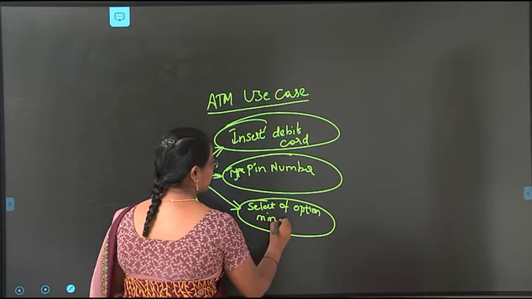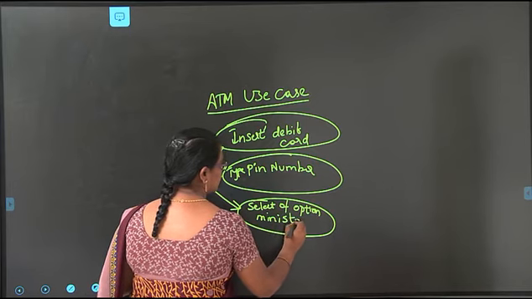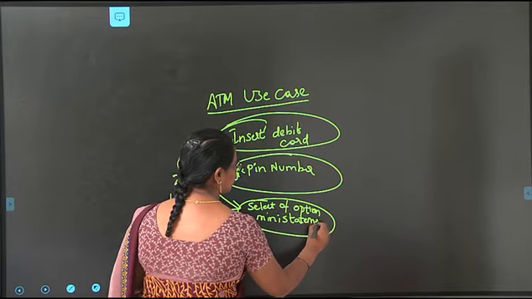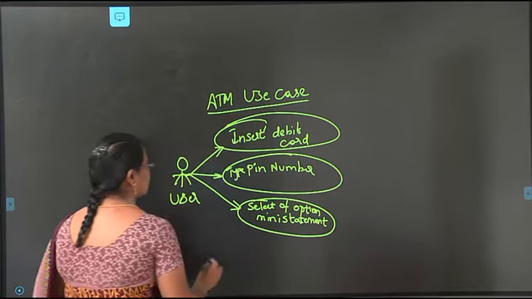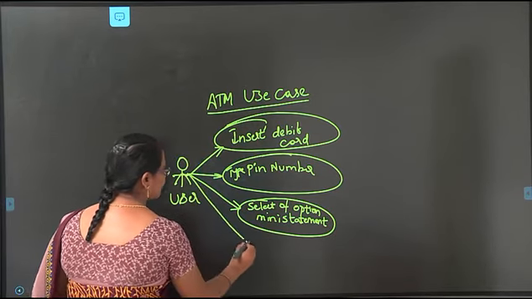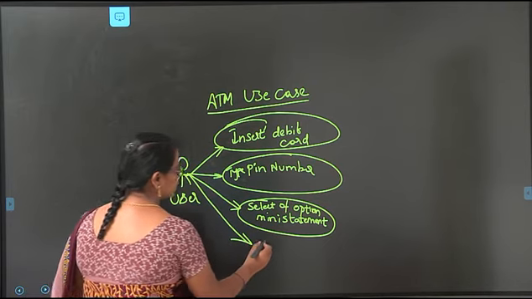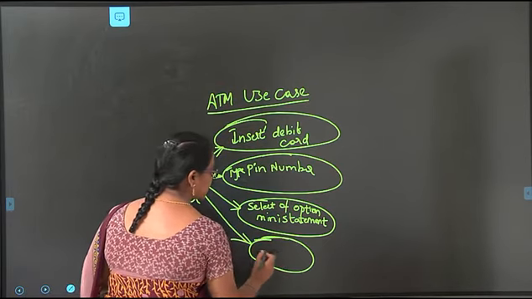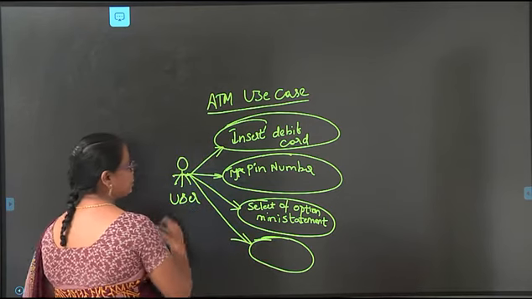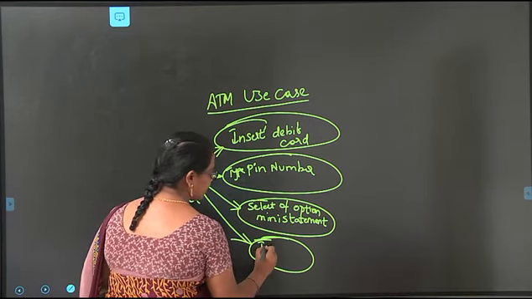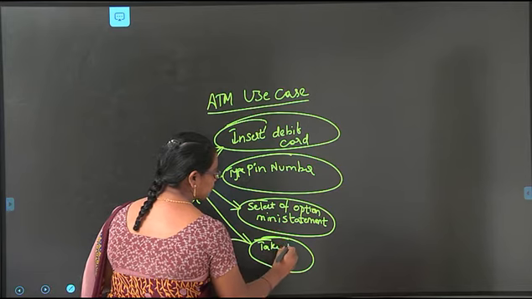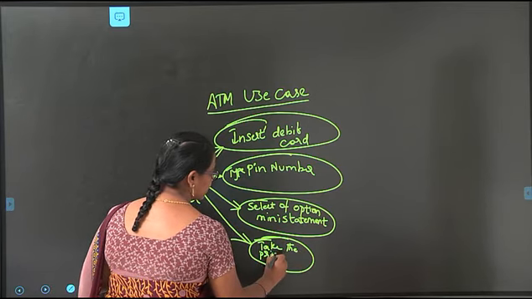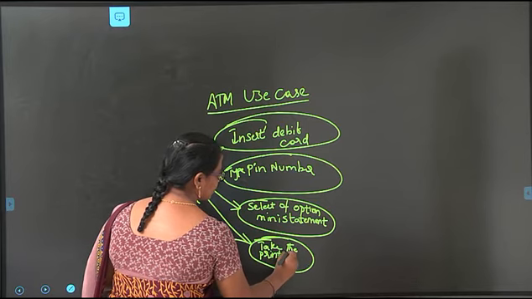I will go for the mini statement. After selecting the mini statement, the ATM will generate the mini statement, and the user will take the printed copy.